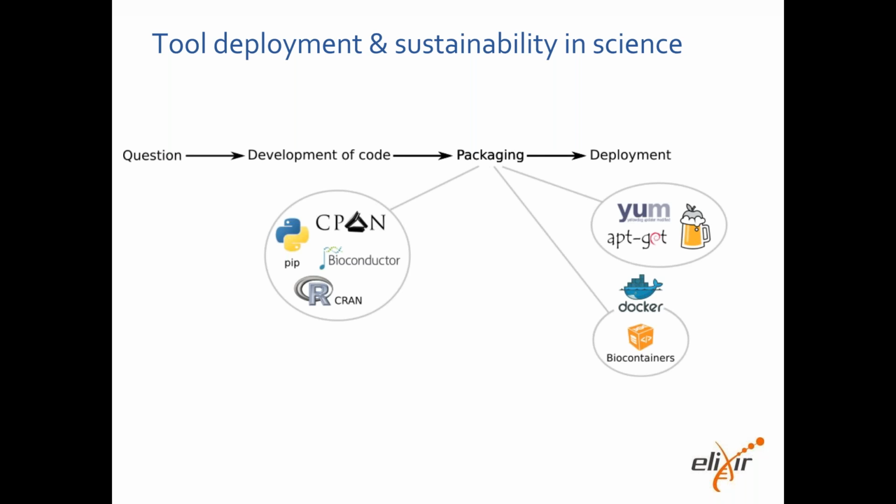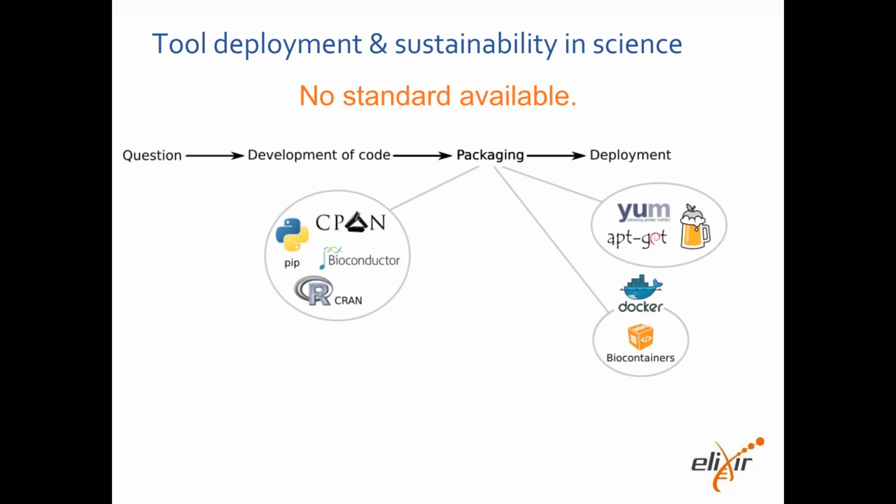So let's look at package managers which we all know, like distribution-specific package managers like Yum or DPKG from Debian. Then there are language-specific package managers like CPAN, CRAN, Bioconductor, or pip. And there are more recent ones, which I would also label as package managers, where you think of Docker and containers, which also package tools and give them as a reusable unit to a user or to different infrastructures.